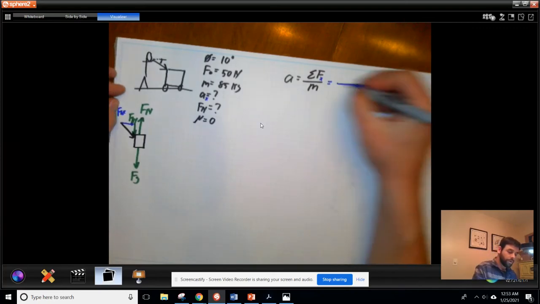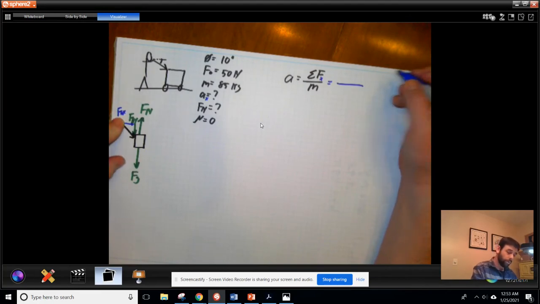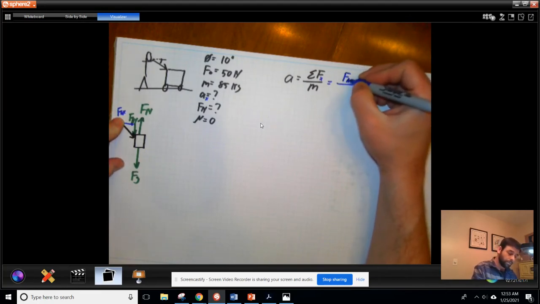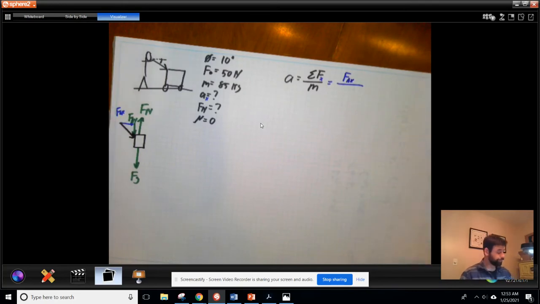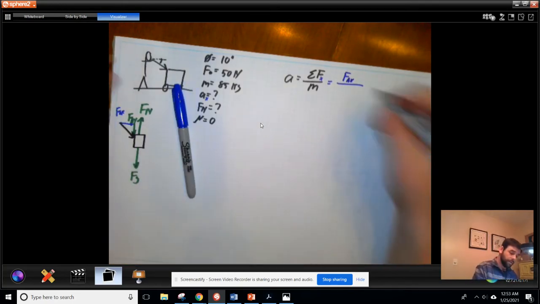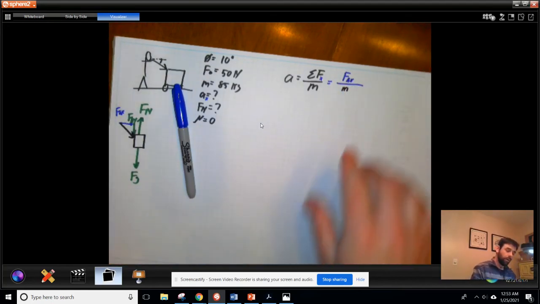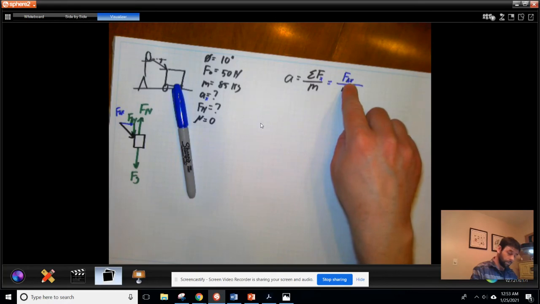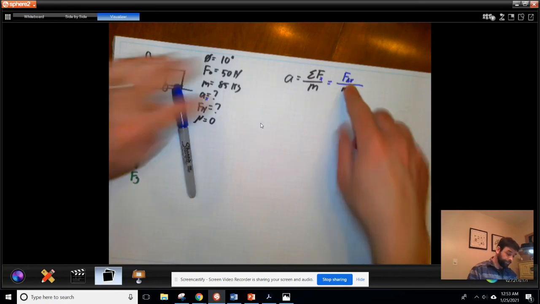First off, we have our force applied in the x direction. And that's it. Okay, now we have our mass. So what we need to do is figure out what that force applied in the x direction is.